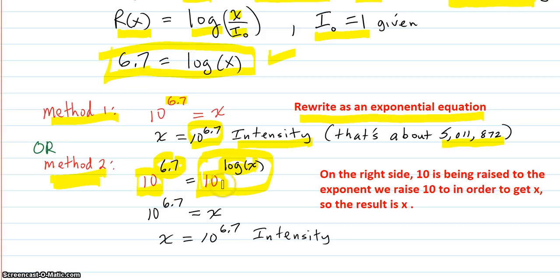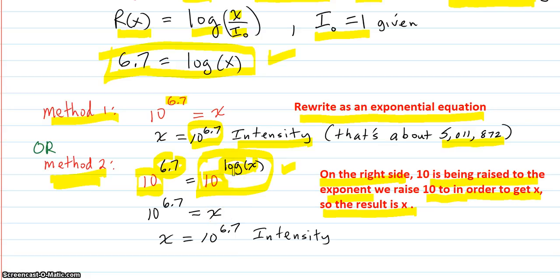Okay, so now how are we going to deal with this 10 to log base 10 of x? On the right side, 10 is being raised to the exponent, logs are exponents, that we raised 10 to in order to get x. 10 is being raised to the exponent that we have to put on a 10 to get x. So we get x.